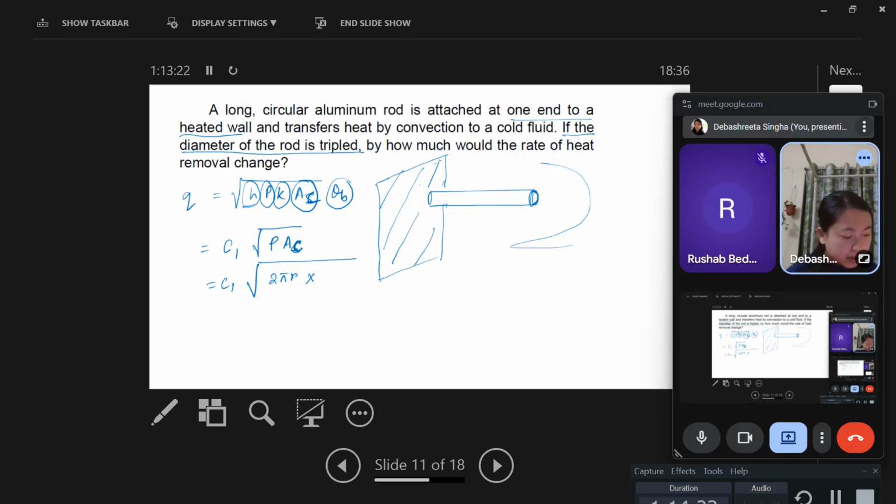Cross sectional area is pi r square, or in terms of d, pi d square by 4.